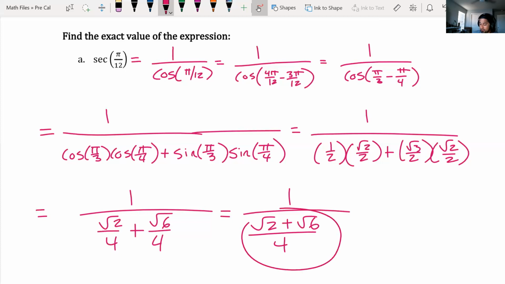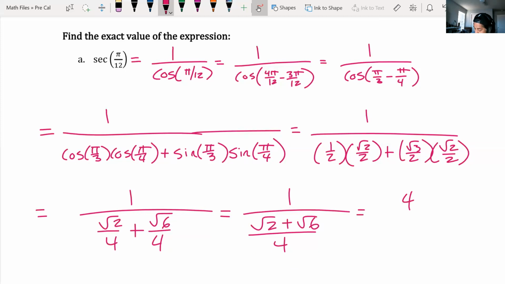But now you have a fraction in your denominator, so you must multiply by the what? Reciprocal. So all you're going to do is flip this.